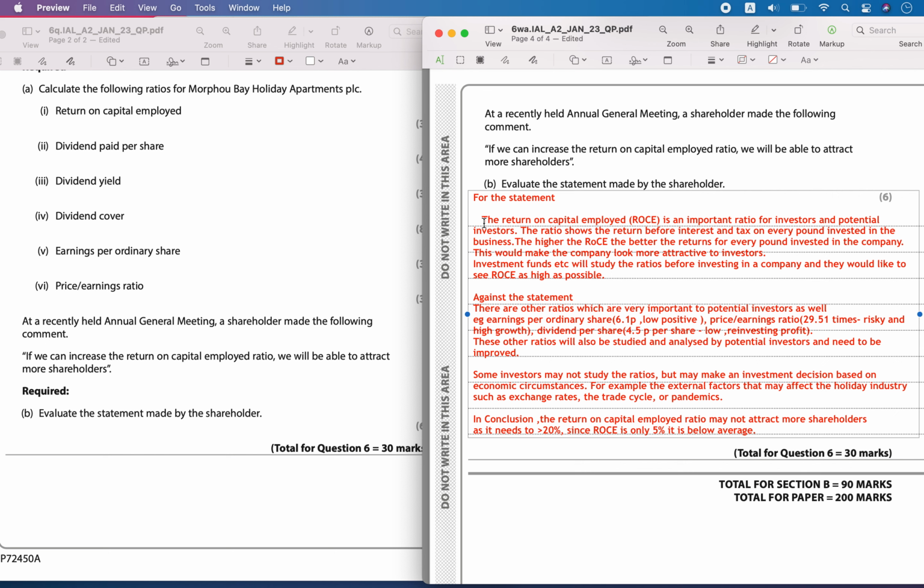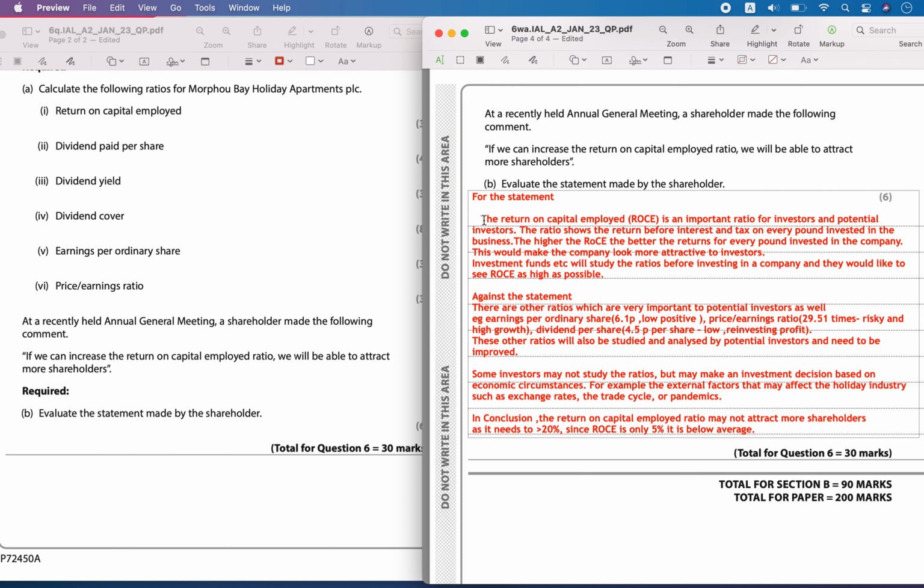So what will you write for the for statement? Why is ROCE important? You will say because it shows, for every pound invested in the company, what return you are going to get as a shareholder or investor. The higher the ROCE, the better, and it is going to attract investors.